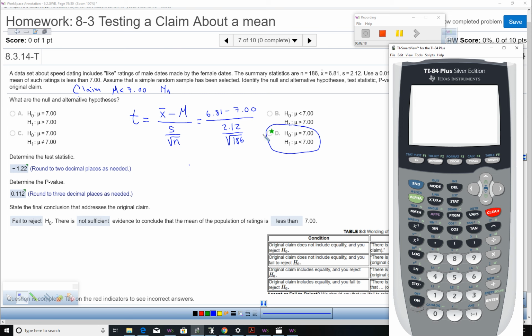I'll do the operation in the numerator first. 6.81 minus 7. That is this quantity divided by, I open parentheses, the square root of 2.12. No, I'm sorry, that doesn't have a square root. Let me just see what is that.